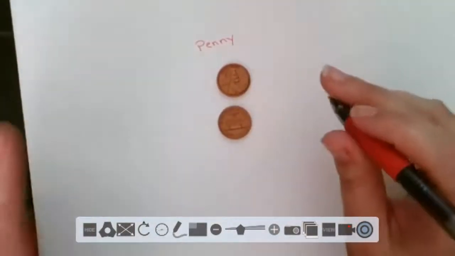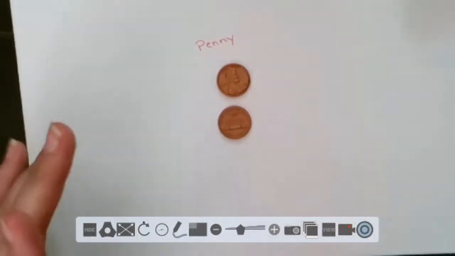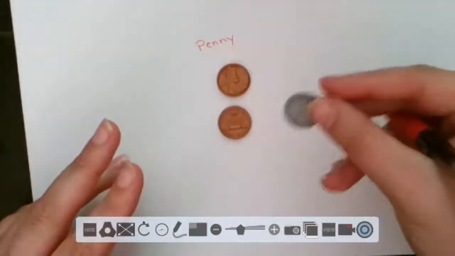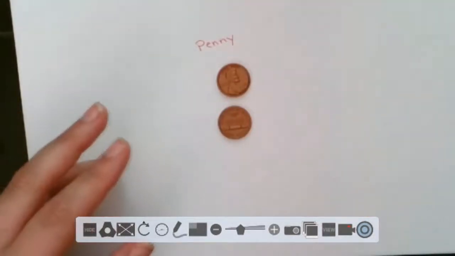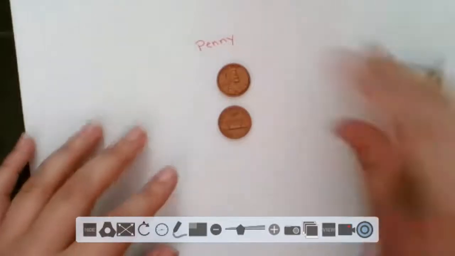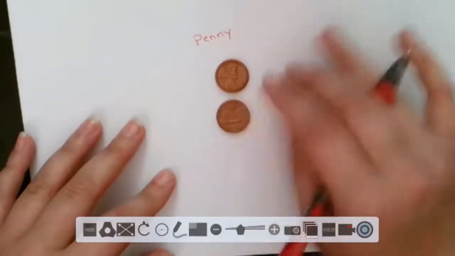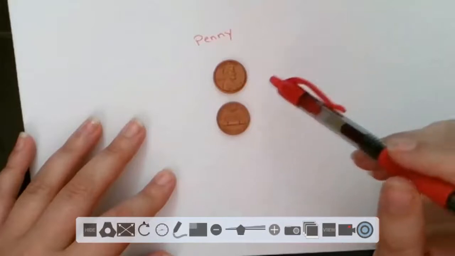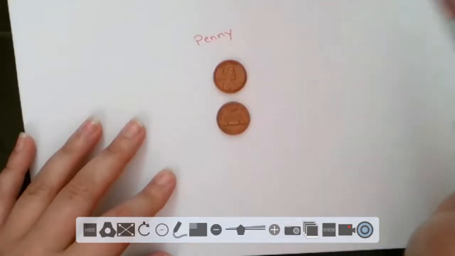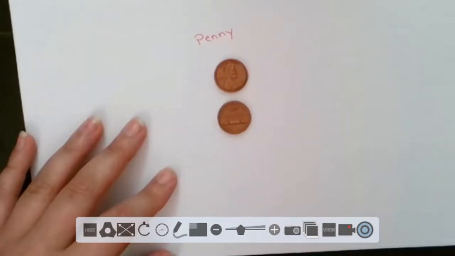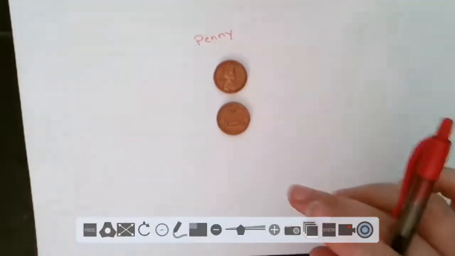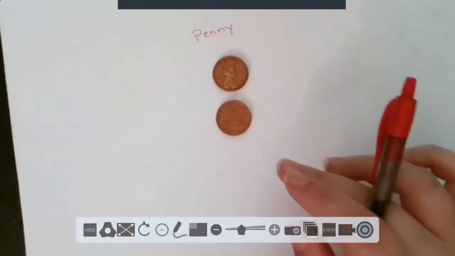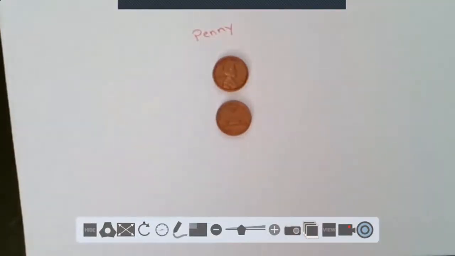Pennies are always going to be our only copper coin, so they're not going to be silver like the rest of them. They're that brown color. And they have some fun facts for you. The Lincoln Memorial on the back and President Abraham Lincoln on the front, so they're face coins. So those help us know that they are a penny.